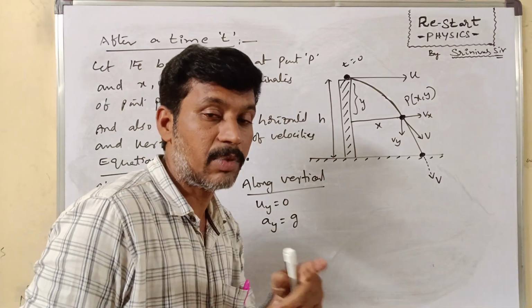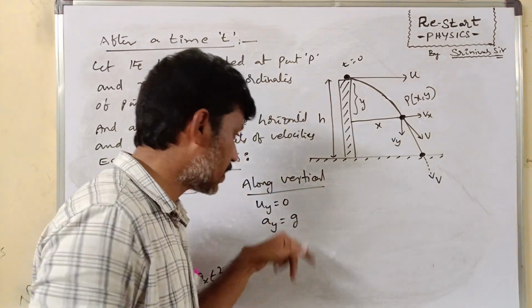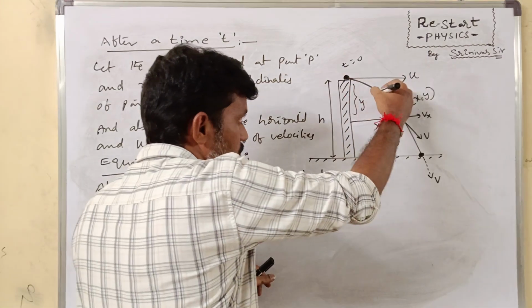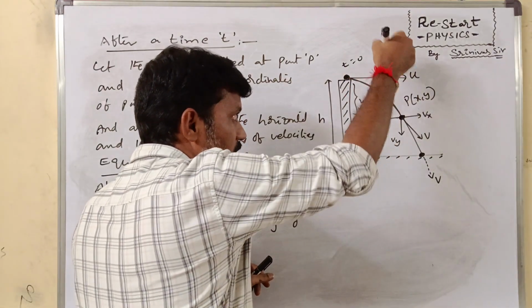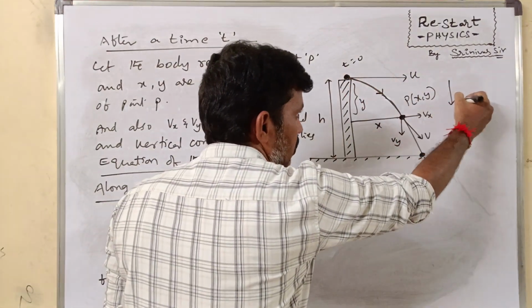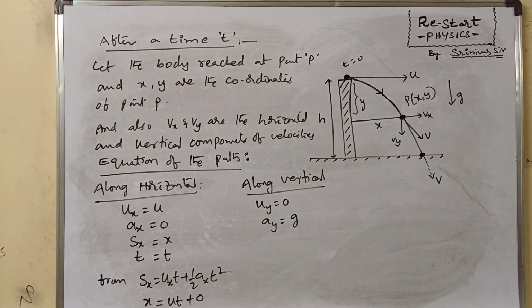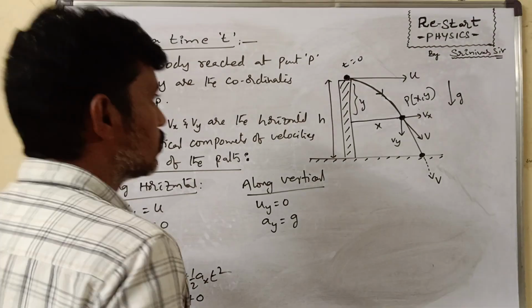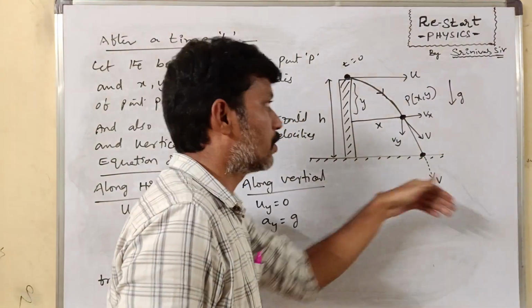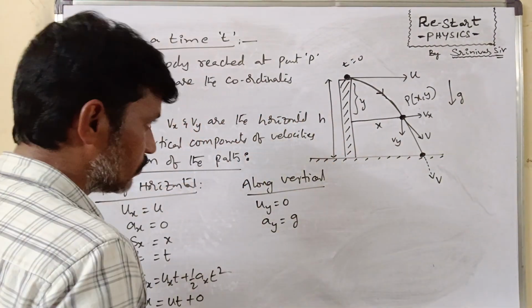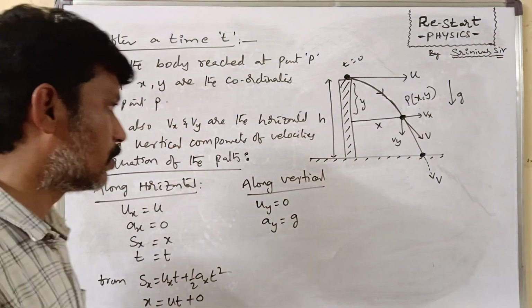Here plus g only. In oblique projectile it is minus g, but here plus g only, because the body is moving in this direction only, and acceleration due to gravity g is also acting in this direction. Clear?